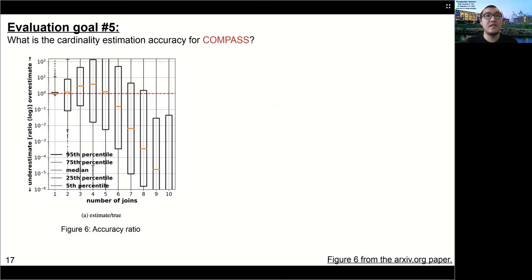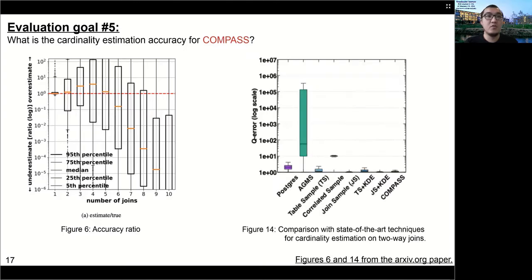We believe estimating smaller join sizes is more important, therefore Compass shows better overall performance. We also compared Compass against different approaches based on the Q-error metric. The results in the figure, that is, estimations for two-way joins, show that Compass has similar performance. For more detailed information, please take a look at our paper in the repository.